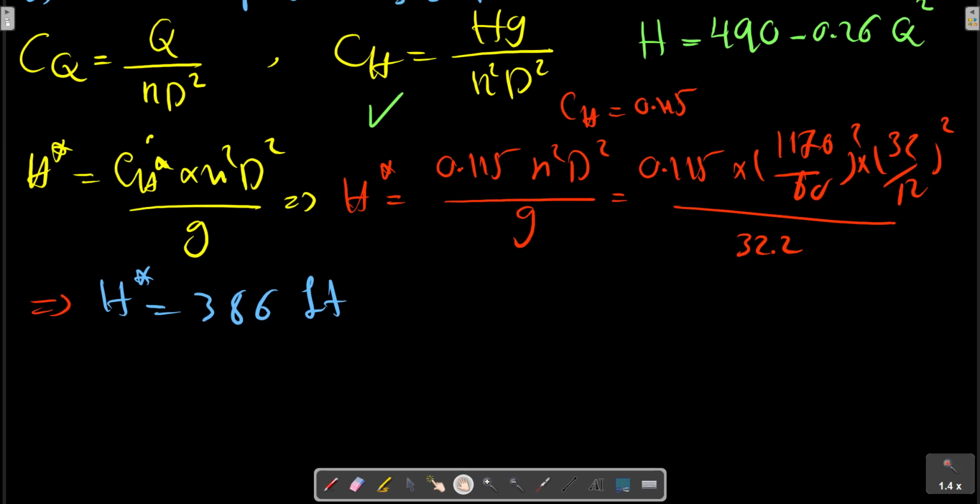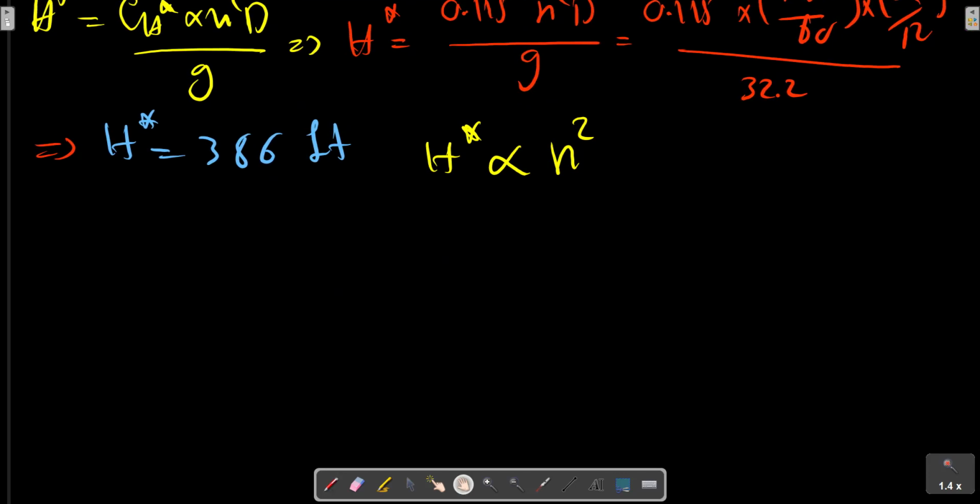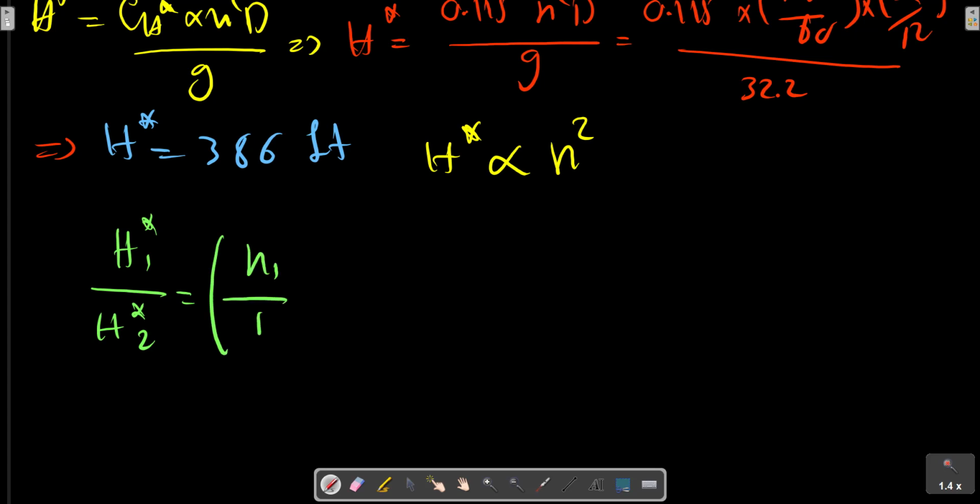And we know for this relation that H star is proportional to N square, so we can write H star 1 on H star 2 with the relation n1 on n2 square.